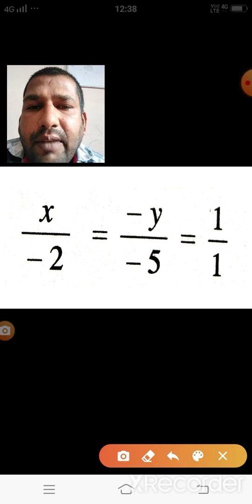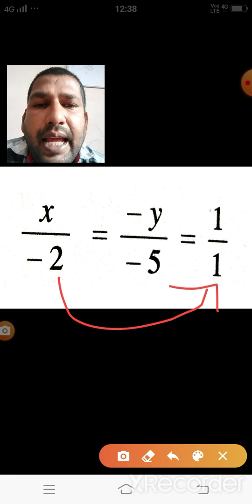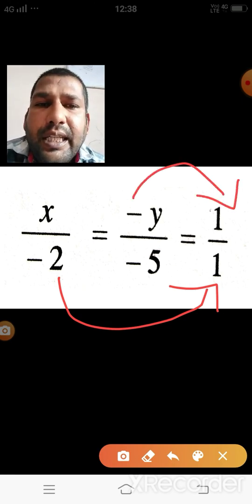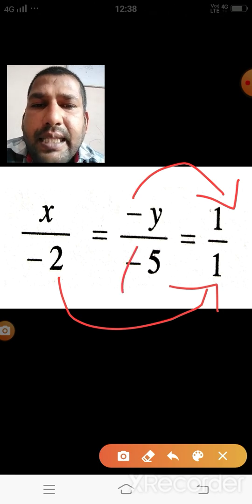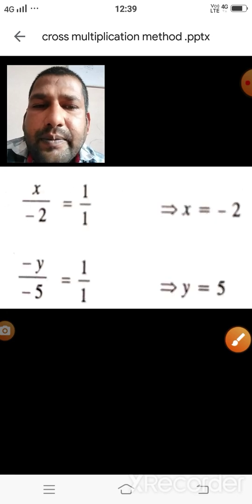Now for finding the value of x, we equate the first and the third expression, and for finding the value of y, we equate these two. The minus minus cancel out, meaning y upon 5 equal to 1, and x upon minus 2 is equal to 1. Easily we get the values of x and y.